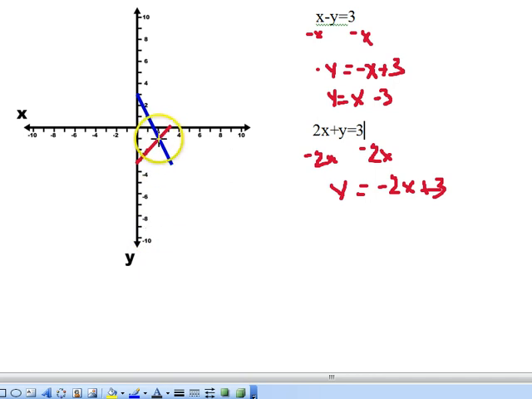So right here, you can see where they intersect. And so our solution to this problem, we solve the system of equations, and the solution is 2, negative 1, because that's where the lines intersect on the graph. And this is how you solve system of equations using graphs.